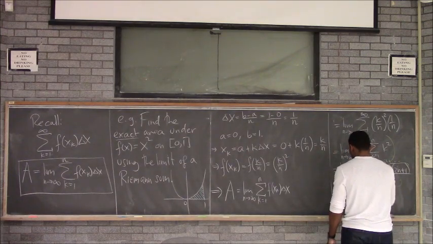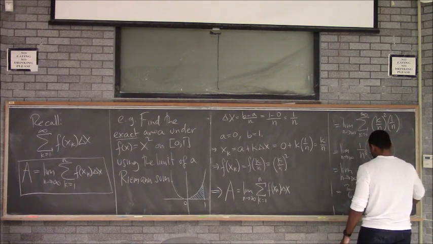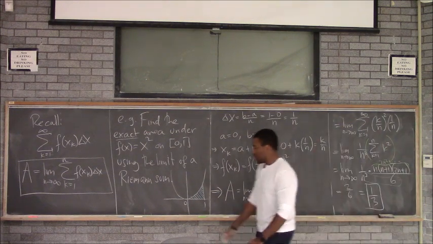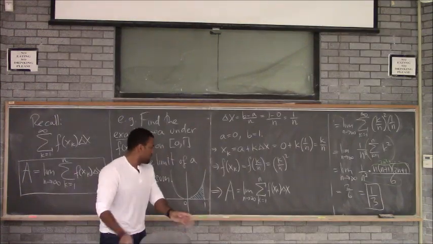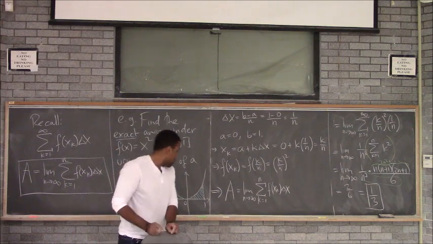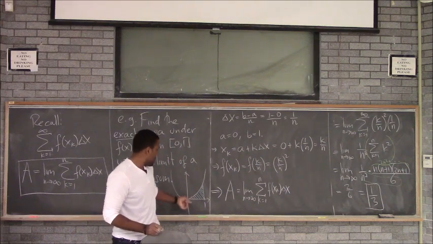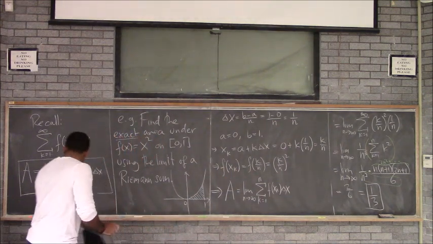That's 2 over 6, or 1/3. So the area under this graph is actually a third. And the units depend on whatever units you're measuring your axes in, of course. So if you're measuring your axes in inches, this area is going to be 1/3 square inches.